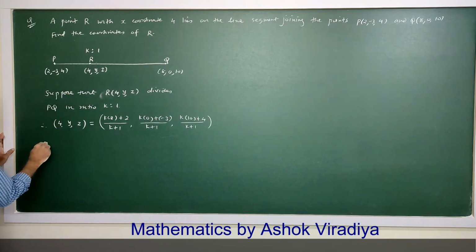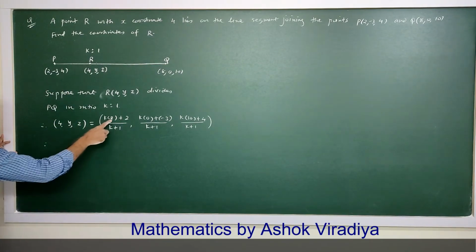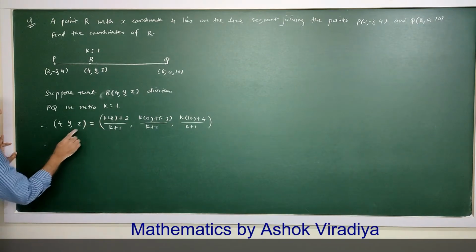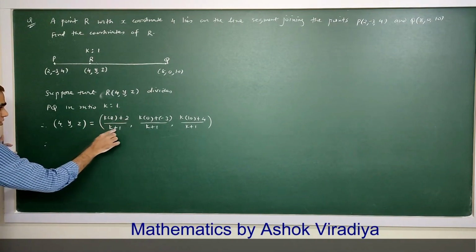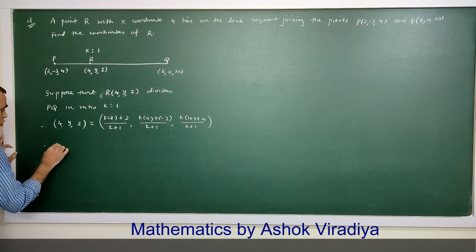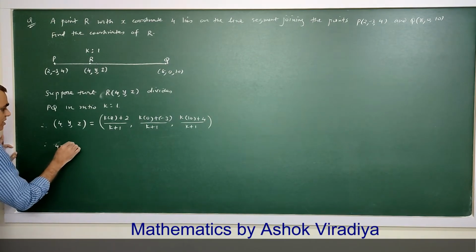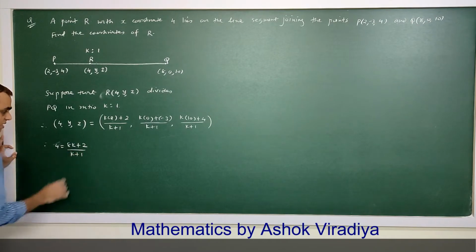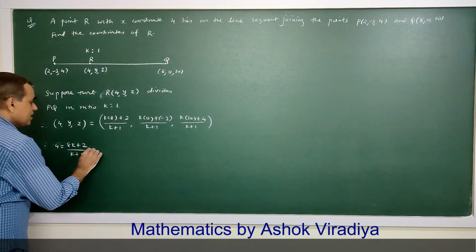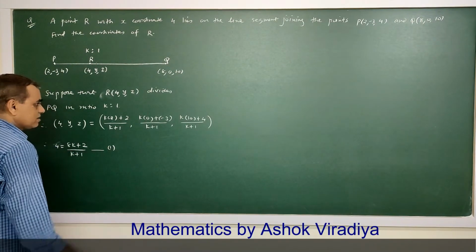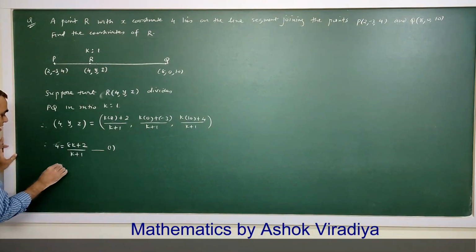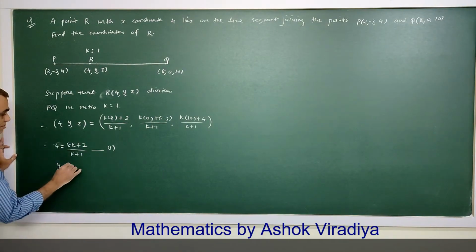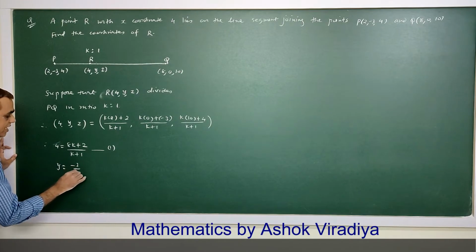So simplifying this, here 8k plus 2 upon k plus 1 is 4. So 4 is equal to 8k plus 2 upon k plus 1. This is equation 1. Here y is equal to minus 3 upon k plus 1.